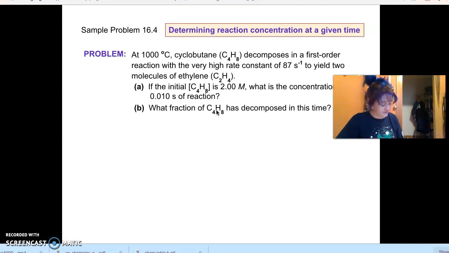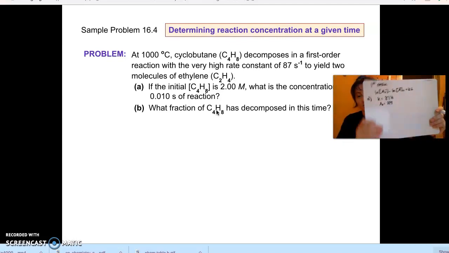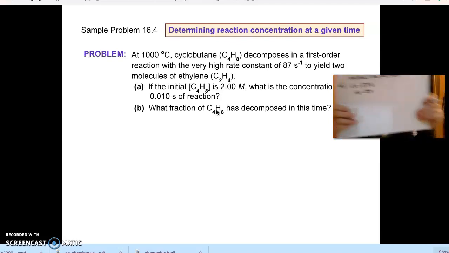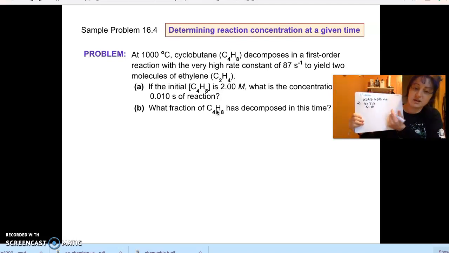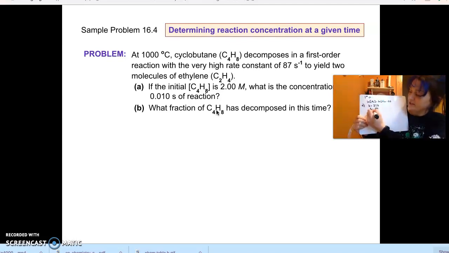They also gave us the initial amount, which is A naught, which is 2 molar. And they want us to solve for A at time t, which is x, and t, they said, is 0.010 seconds.